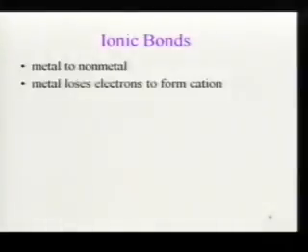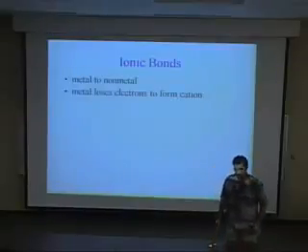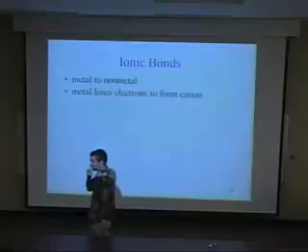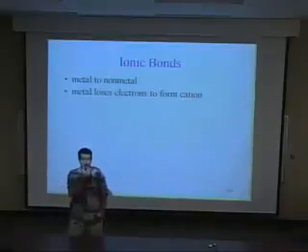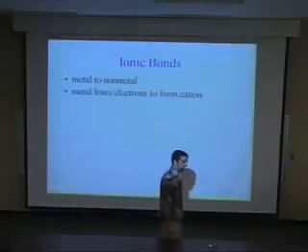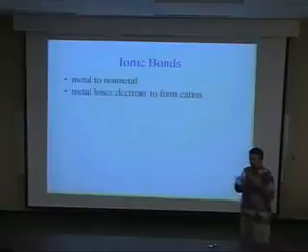Okay. Now, remember we talked about ionic compounds, right? Back when we were naming things. And the one way to recognize an ionic compound is when you have what two things stuck together? What two things stuck together make an ionic compound? Two sides of the table, right? A metal and a nonmetal. Okay? A metal and a nonmetal is going to result in an ionic compound.